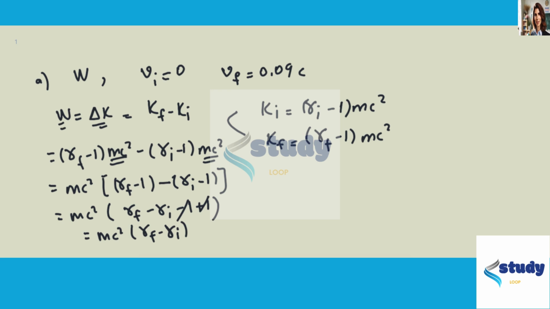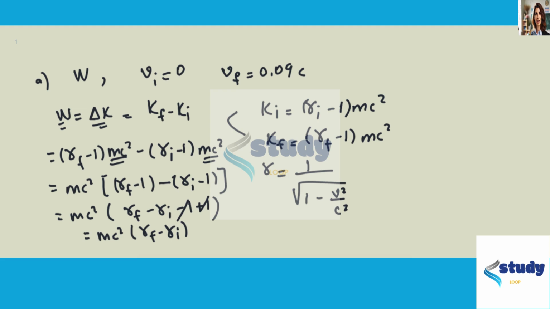Now, in order to calculate the final and initial gamma factors, we're going to have to plug in for them, right? The gamma factor is given as, this is the general formula, 1 over the square root of 1 minus whatever the corresponding velocity of that particle is over the square of the speed of light, right?